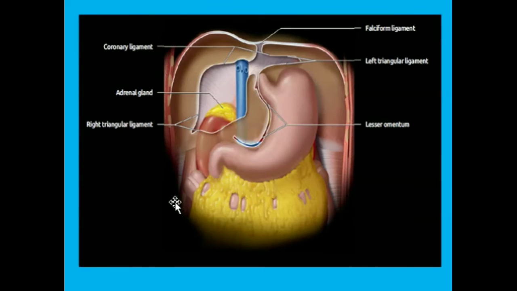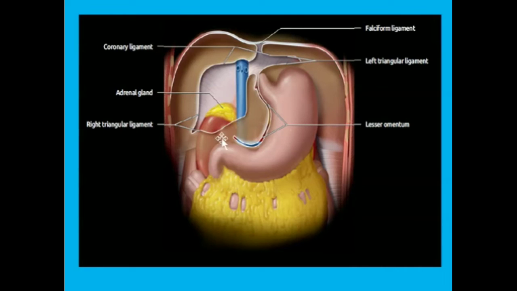In this image, the liver is attached to the posterior abdominal wall and diaphragm by the left and right triangular and coronary ligaments. This is the left triangular, this is the right triangular, and these are the coronary.